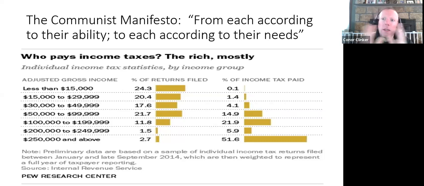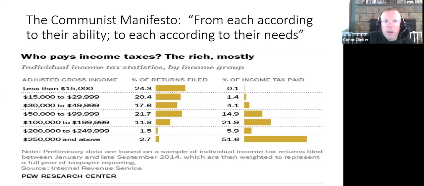Now, the way that idea is implemented today in our country, this is not a communist country, but we have adopted certain communist ideas, specifically what's called the progressive income tax, which says the more money you make, the higher percentage you pay into taxes. And that's this idea in practice.